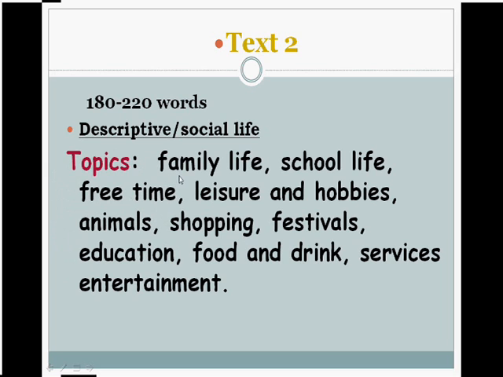The topics are family life, school life, free time, leisure, hobbies, animals, shopping, festivals, education, food and drink, services, and entertainment. So of course the word leisure here means free time, and of course if you have free time you have lots of hobbies, right? And again, festivals, like any festivals.